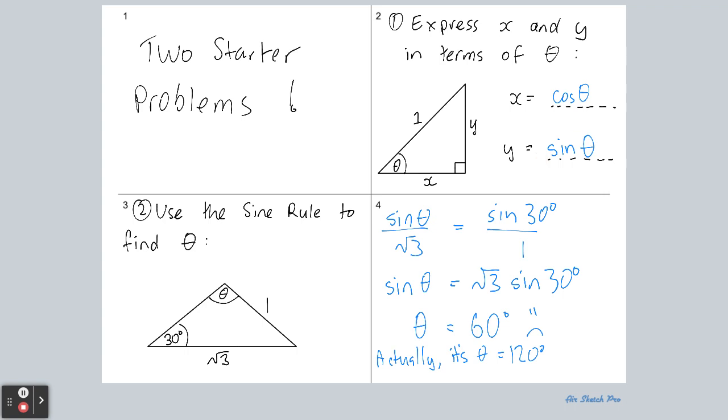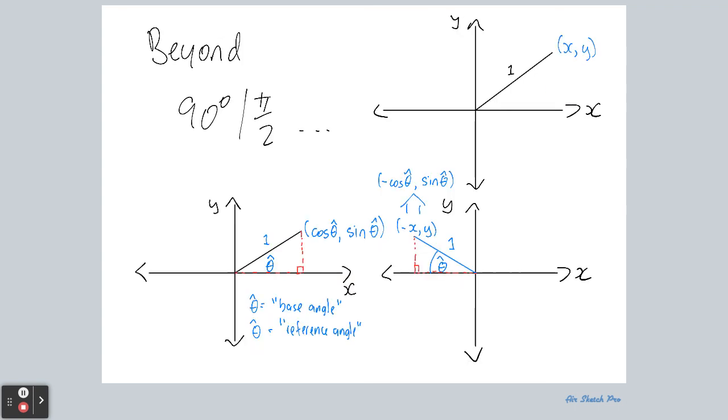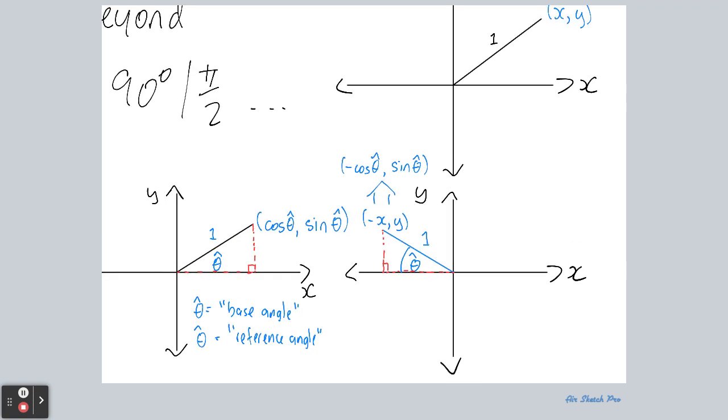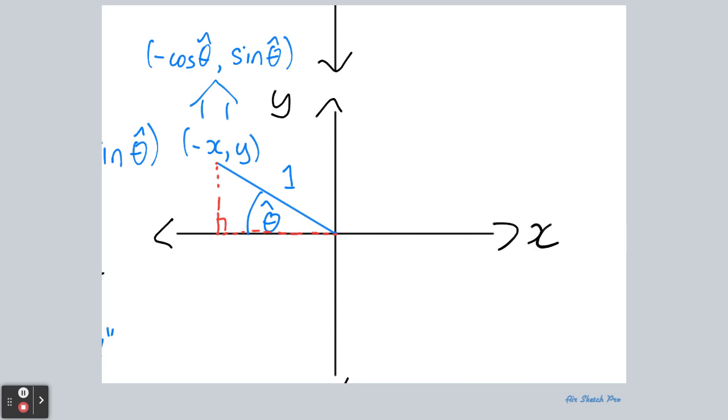So x is always horizontal and y is always vertical. Because the coordinates are always ordered x followed by y, it's always going to be cosine followed by sine. Yep. All of these are lovely clarification questions, and I appreciate them. Okay, are we right so far?